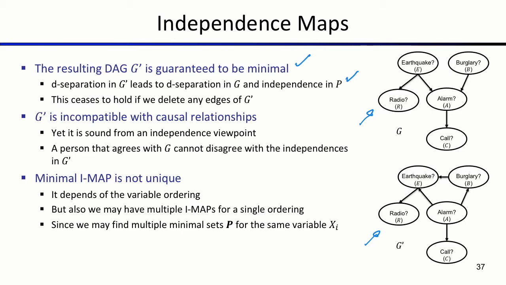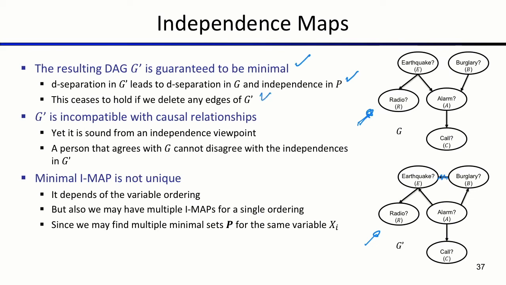So any edge that we delete, including this one, will make some additional independence assumption that does not hold in P and will not lead to a d-separation here in the top graph G.